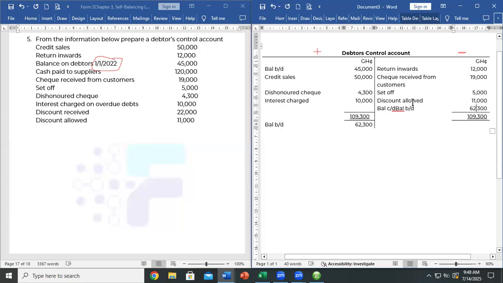Those things are very common. In all the exams that you meet, these items will come. When you go to the creditors, you see credit purchases, return outwards, cash or check paid to the supplier, discount received. So familiarize yourself with these items, and I think you'll be very comfortable.